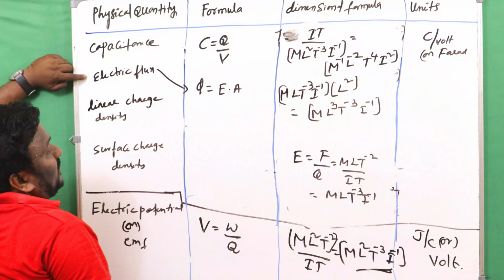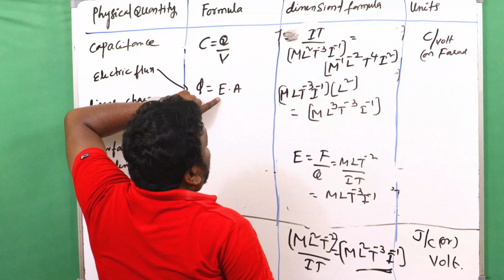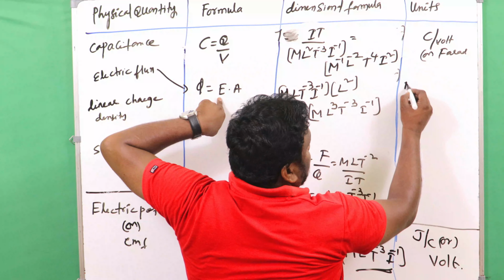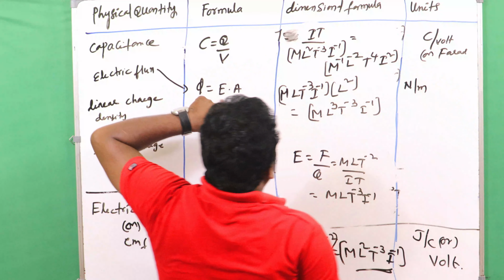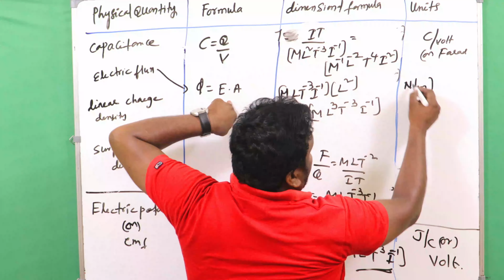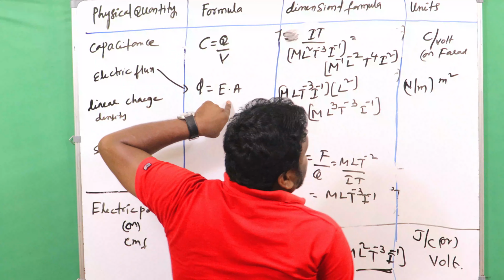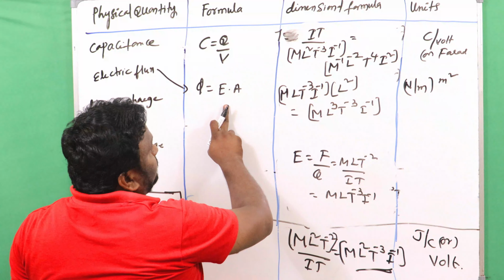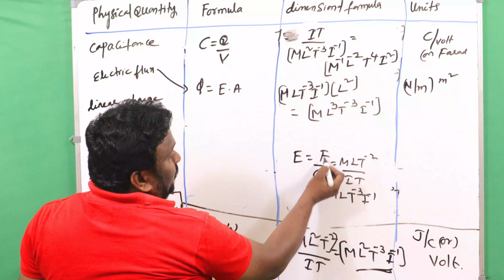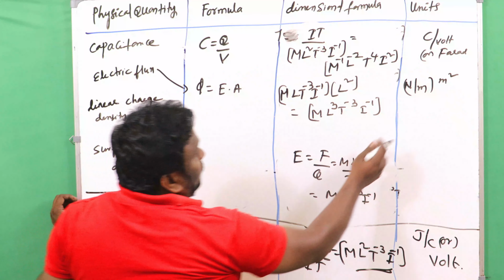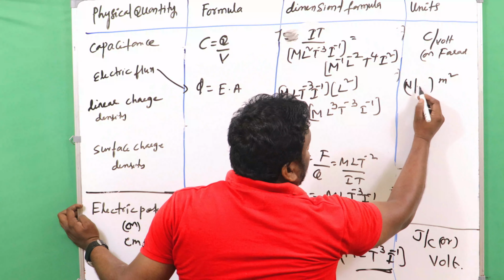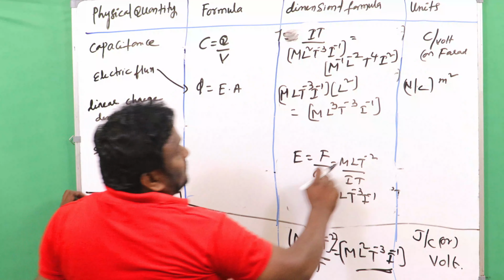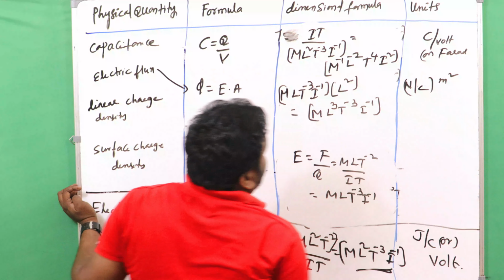This is the dimension formula of electric flux. The unit of electric intensity is Newton per coulomb, because E is equal to F by Q, where F is the force and Q is the charge. So the unit of flux is Newton per coulomb into meter square.